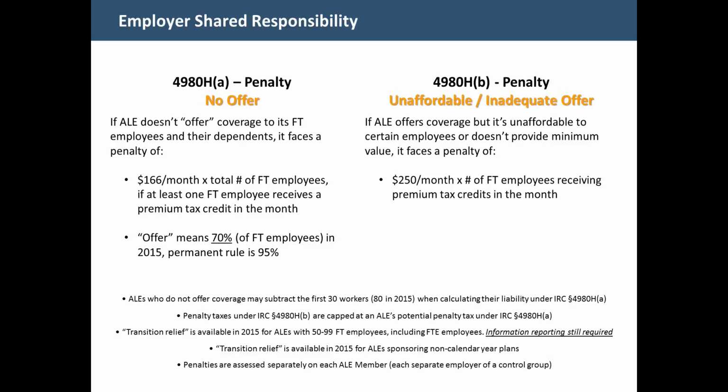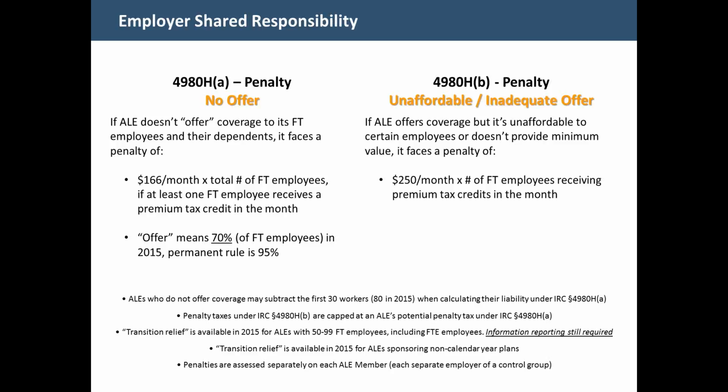Under the B penalty, or the unaffordable and inadequate penalty, an ALE might offer coverage, but if the coverage is unaffordable, say to certain employees, or it doesn't provide minimum value, the latter of which is very rare, it faces a penalty of $250 a month times the number of full-time employees receiving a premium tax credit in that month, or an exchange subsidy.